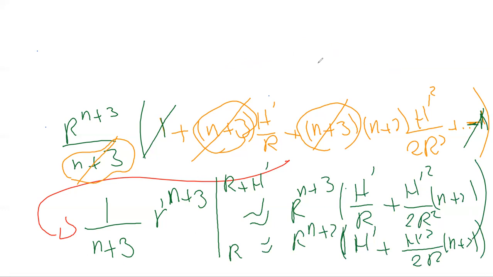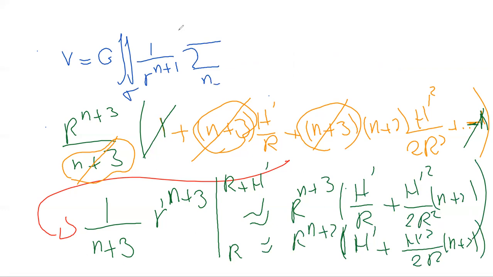If you remember, potential was a double integral, 1 over n plus 1, and we had a summation here to infinity, and we had the integral, and now the result of the integral is that one.